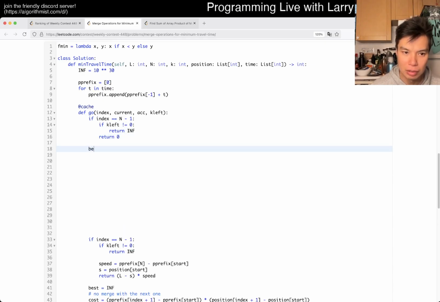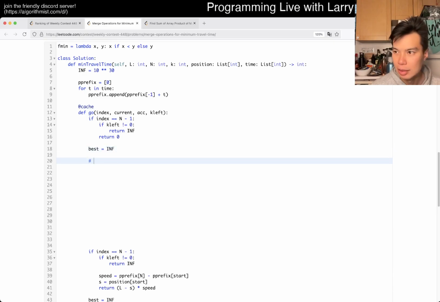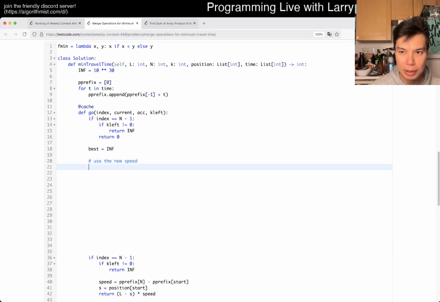And then now we use the new speed, and the new speed is going to be, okay.